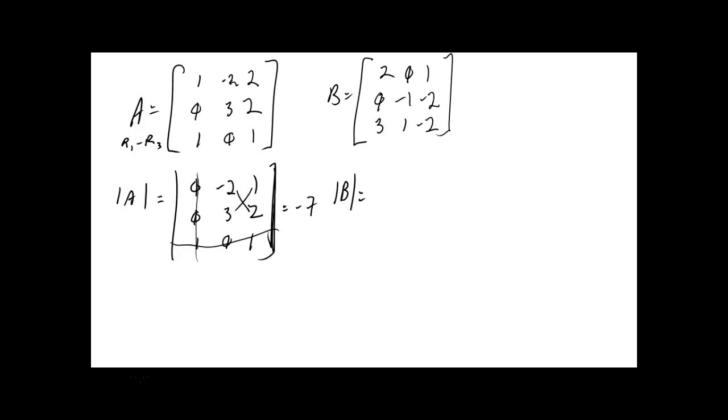You tell me. Row 2 plus row 3? Yeah. Okay, I like row 2 plus row 3 also. And I think I want to leave row 2 alone and do this. So I'll go row 3 plus row 2. Okay?